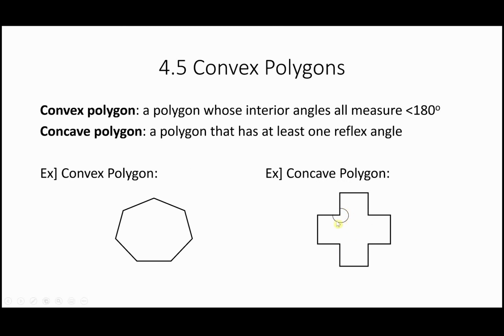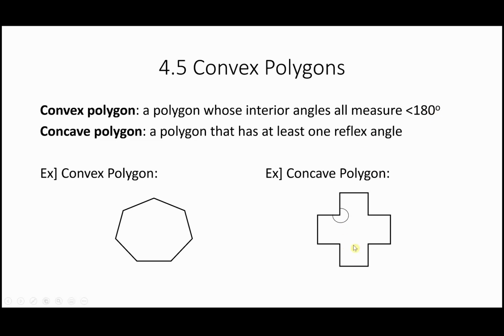Notice that this and other interior angles measure something more than 180 degrees. So that's a reflex angle right here. In fact, if we're assuming that this angle on the exterior here is a 90 degree angle, then this interior angle would be 270 degrees, definitely bigger than 180, and therefore a reflex angle.